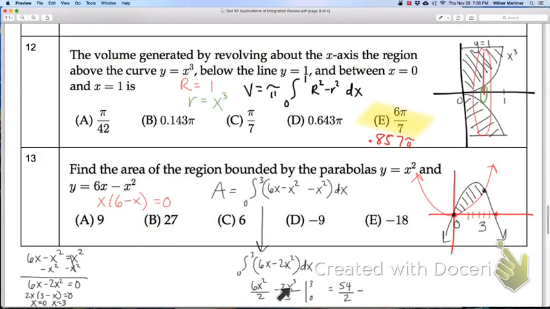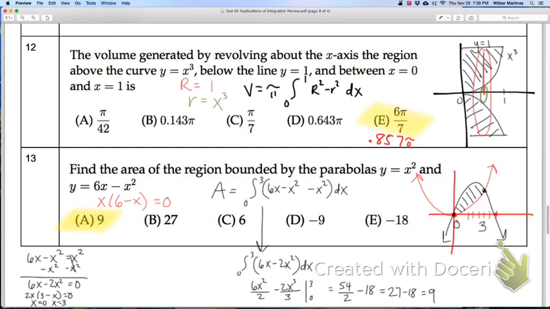Then this 27 and this 3 simplify to 9, and then 9 times 2, which is 18. 54 divided by 2 is 27, so 27 minus 18. And 27 minus 18 is equal to 9. Which means the correct answer is A.